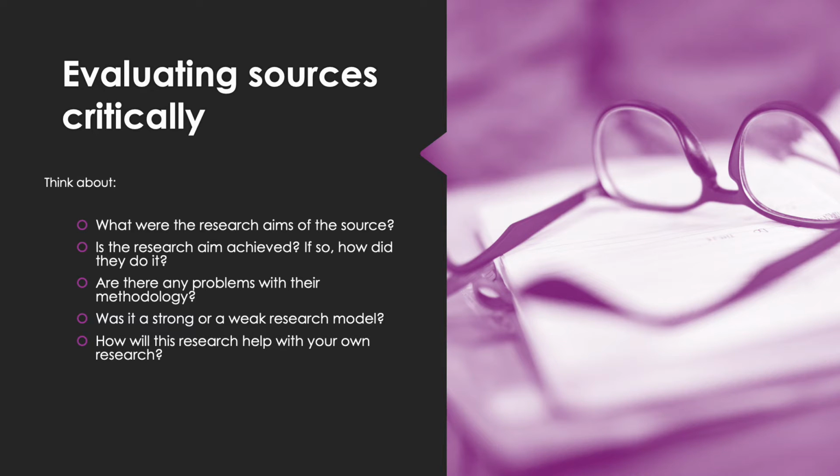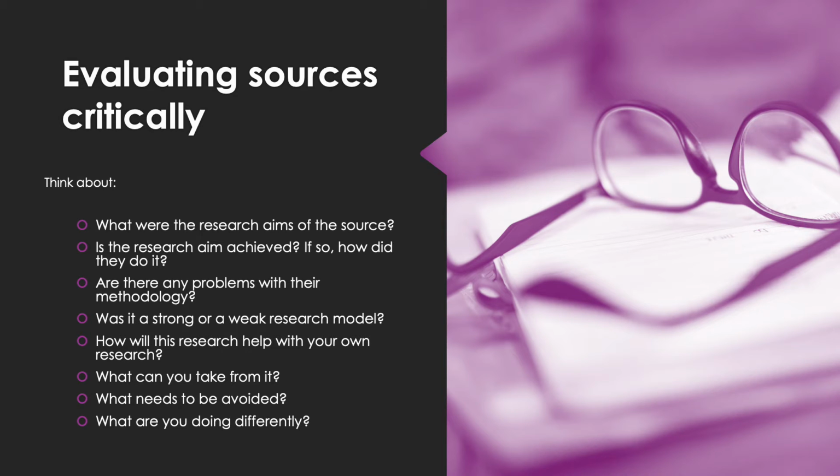How will this research help with your own research? What can you take from it? What needs to be avoided, and what are you doing differently? So all of these questions you'll want to analyse and ask when finding sources for your own literature review. And these might be things that you will actually write down in the physical literature review, or they might just be things that you keep in mind.